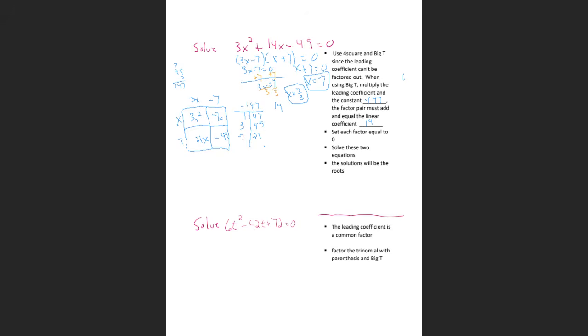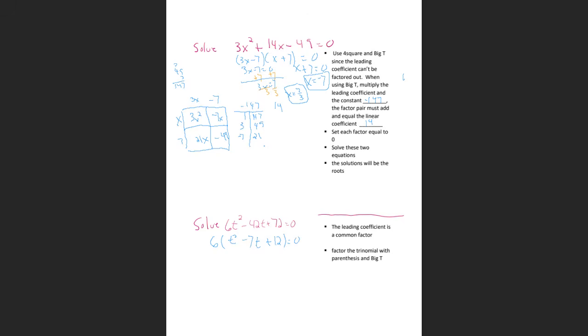So if you want to test, 42 divided by 6, we do see that that's going to be a 7, and 72 divided by 6 would be a 12. So again, my GCF is going to be a 6 because it goes into the 42 and the 72. So I pull out the 6, that leaves me a t squared, that's going to give me a minus 7t, and then that's going to be a plus 12. It's going to equal then 0.